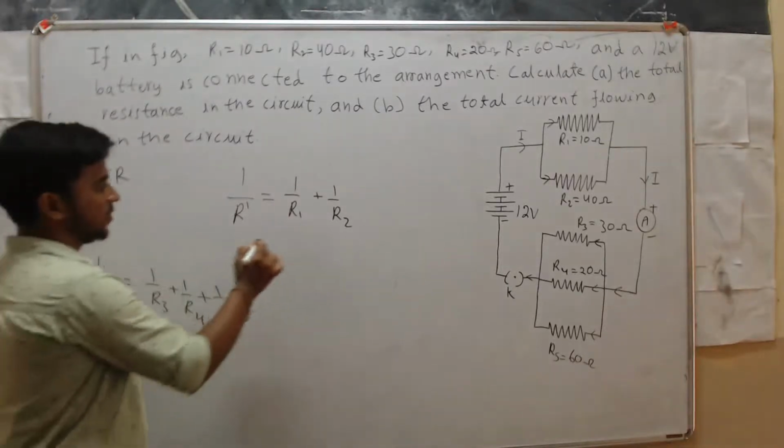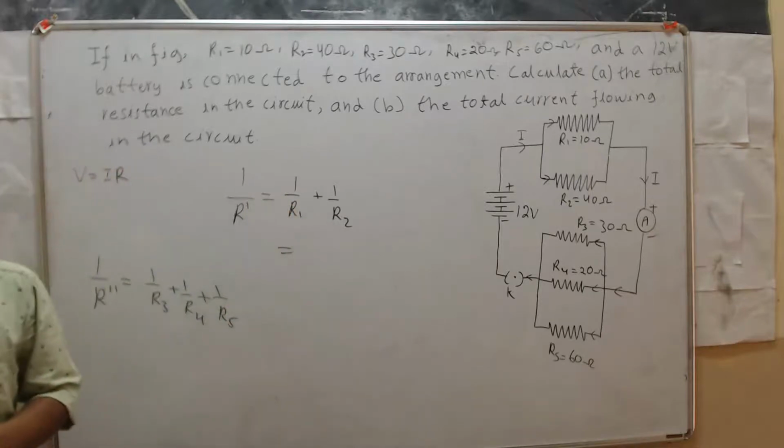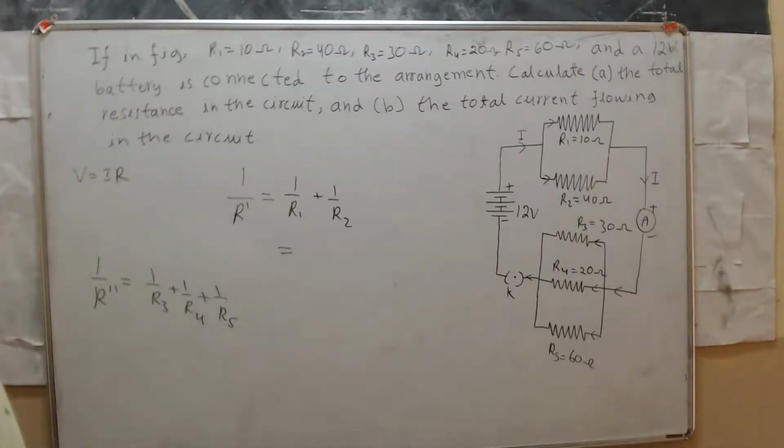First, find the answer here. Calculate R dash first. So what is the answer? Some students answered that total resistance is 30 ohm. No. Vaishnavi says total resistance is 18 ohm, correct?